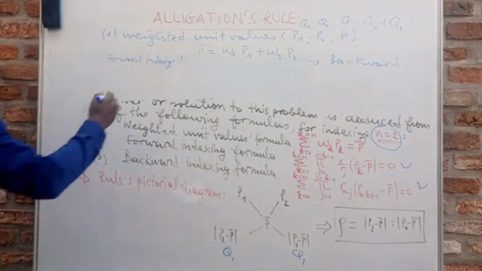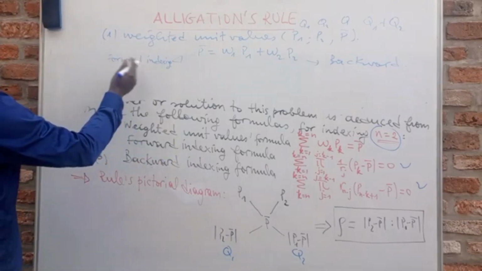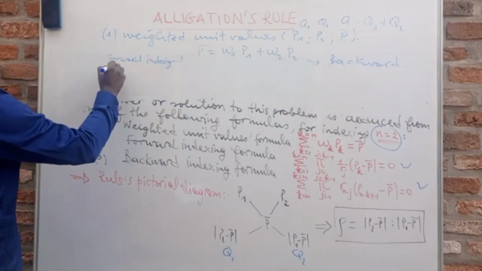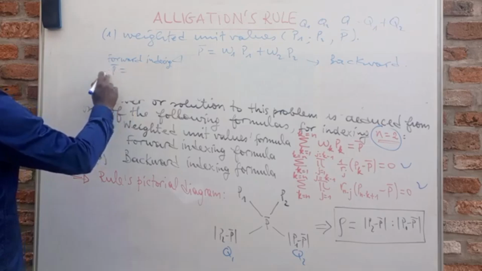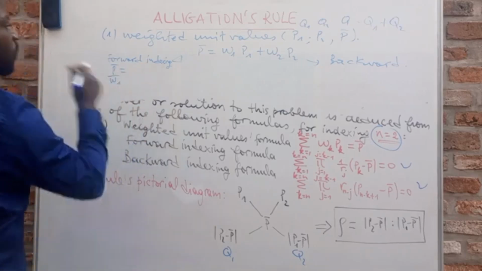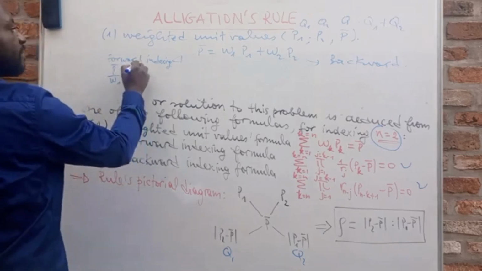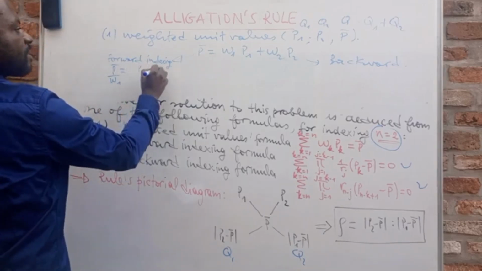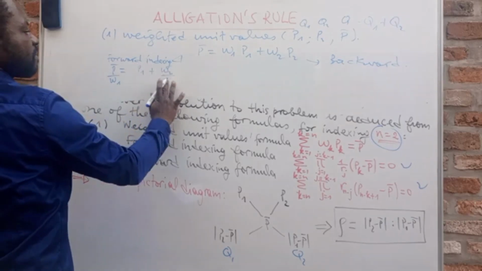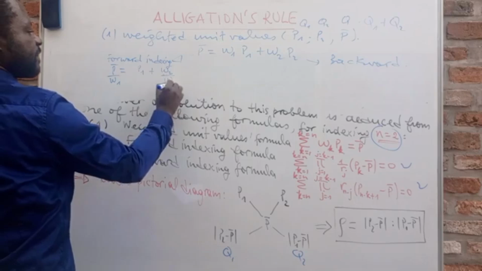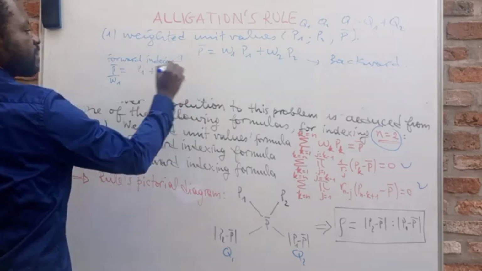For forward, we can divide both sides by omega 1. So I divide both sides by omega 1, and I have P1 plus omega 2 over omega 1 times P sub 2.